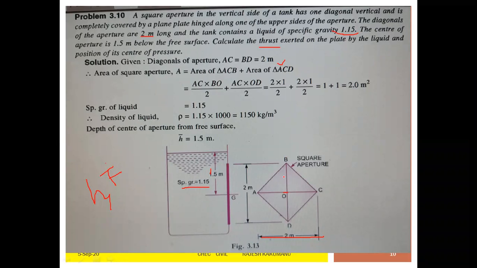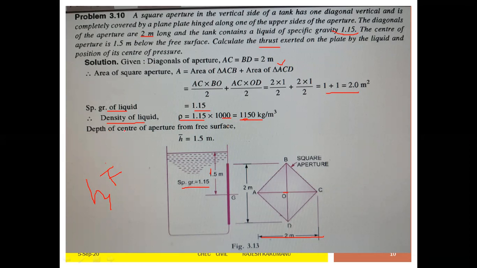Area is equal to area of ACB plus area of ACD, that is equal to AC into BO by 2 plus AC into OD by 2, that is equal to 2 into 1 by 2 plus 2 into 1 by 2, which is a total of 2 meters square. Now what is the specific weight of the liquid? It is 1.15. Density of the liquid, rho, is equal to 1.15 into 1000, so you are getting 1150.